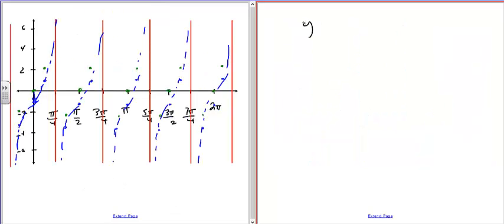Okay, next one is y is equal to negative the tangent of 1/2 x minus pi over 4. So this negative is going to be an x-axis reflection.